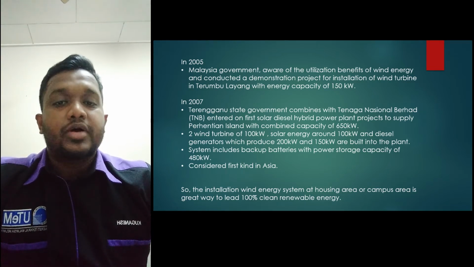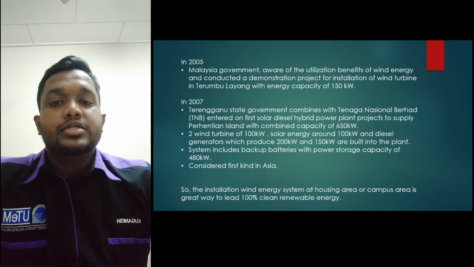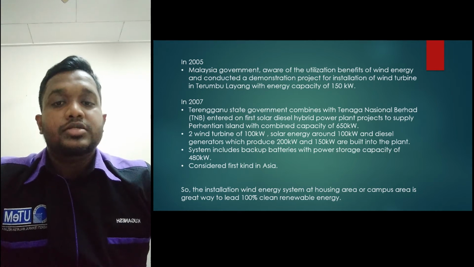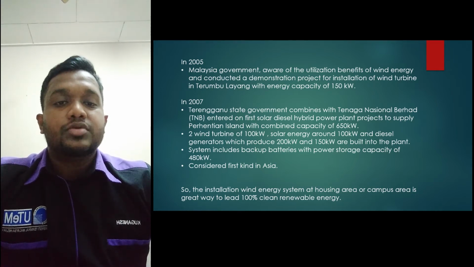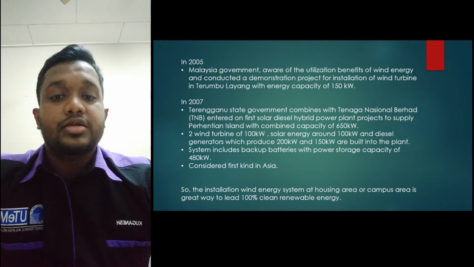Two wind turbines of 100 kilowatts, solar energy of around 100 kilowatts, and diesel generators producing 200 kilowatts and 150 kilowatts are built into the plant. The system includes backup batteries with a power storage capacity of 480 kilowatts. This is also considered a first of its kind in Asia.